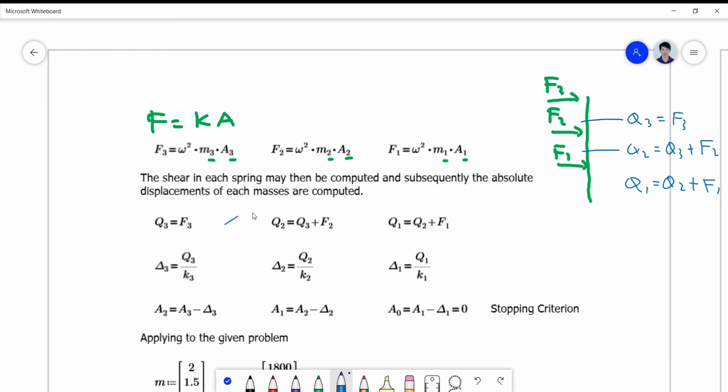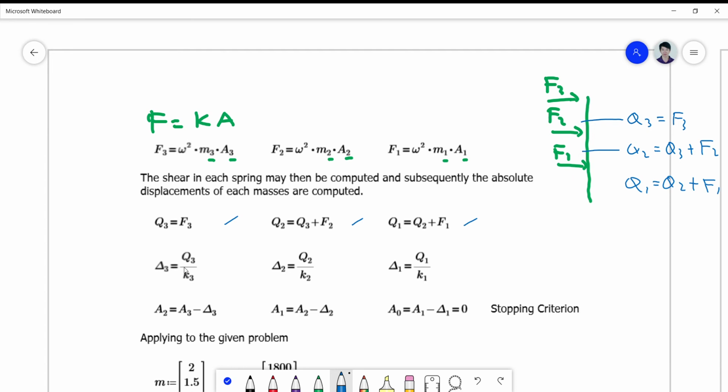Okay, so these are now the formula for the shear. Now, in order to get the relative displacement delta, the shear will now be used to yield the displacement by simply dividing it with the corresponding K values or the stiffness values in each story. Okay, so the story means the spring.